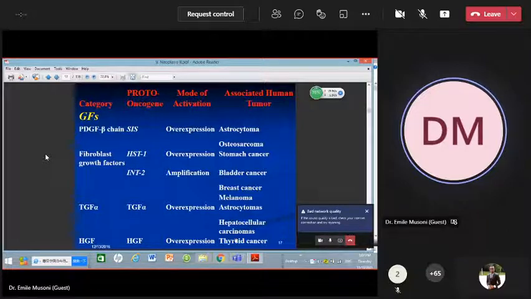In the case of stomach, there is overexpression of the growth factor with the proto-oncogene HST1. You see some TGF factors, they are overexpressed in astrocytoma. And this one, HGF, expressed in thyroid cancer.